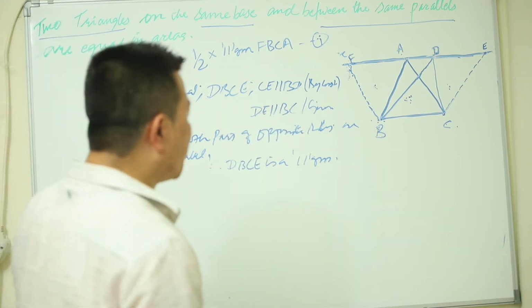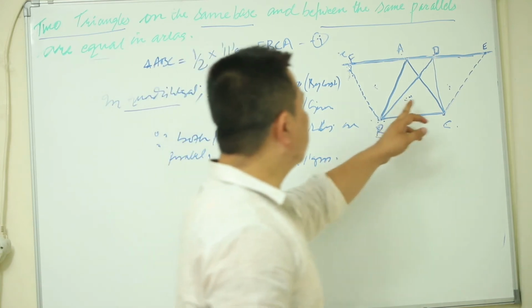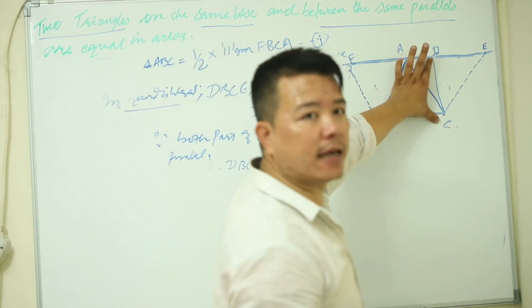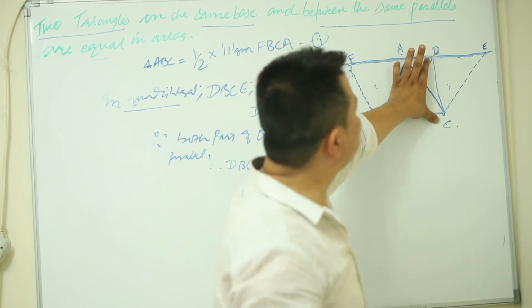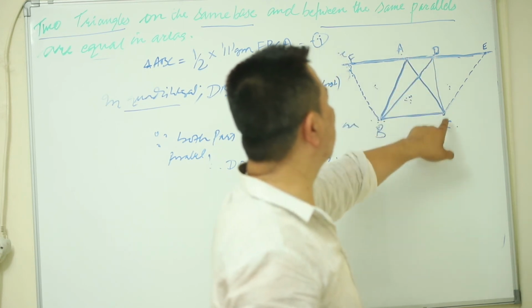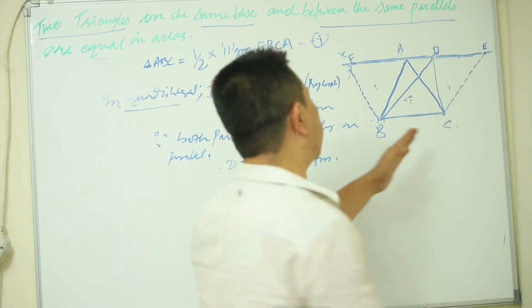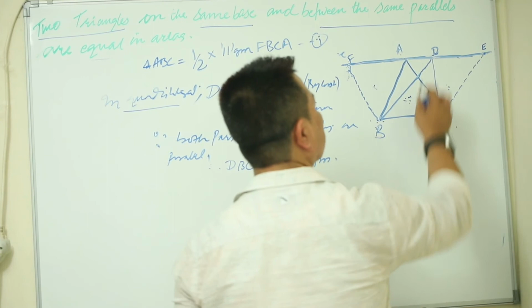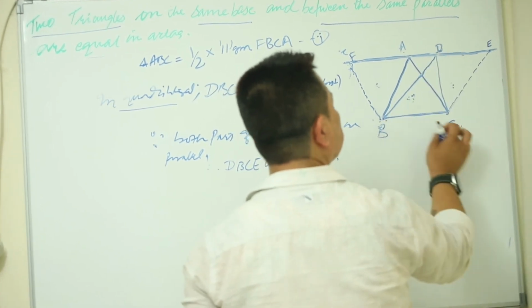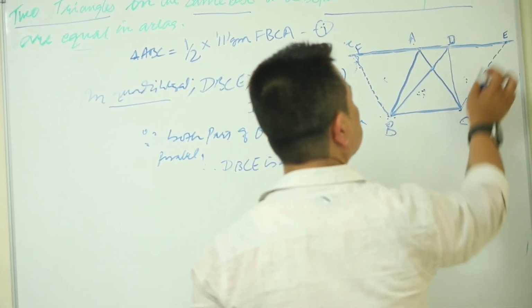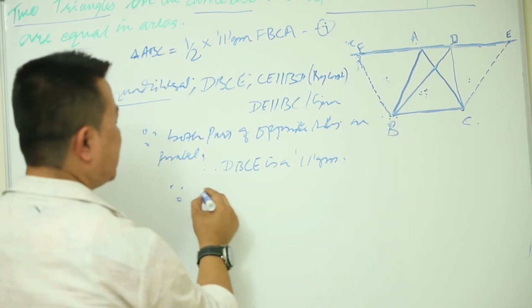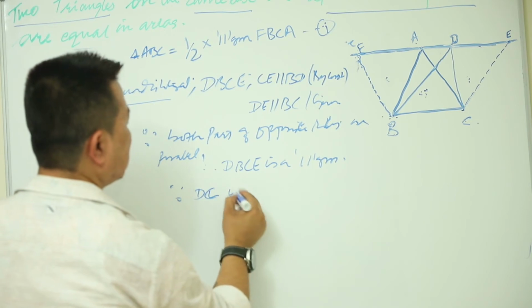Now again use the property of a diagonal. In this parallelogram DBCE, what is the diagonal here? DC is a diagonal. As you know the property, the diagonal DC divides the whole parallelogram into two congruent triangles. What are those triangles? One is DBC, another one is DCE.